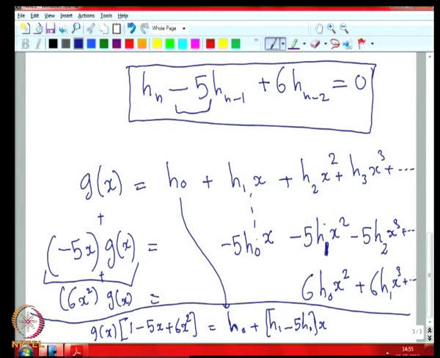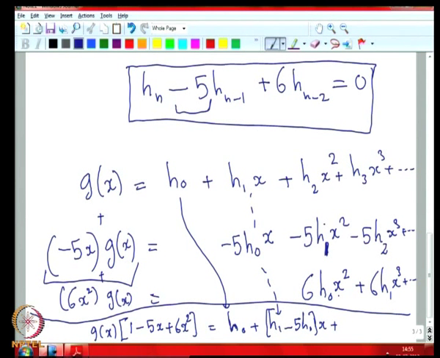This and this I added here and put it here, and then now h2 x square plus minus 5 h1 x square plus 6 h0 x square. So if you take x square out, that is h2 minus 5 h1 plus 6 h0 into x square.